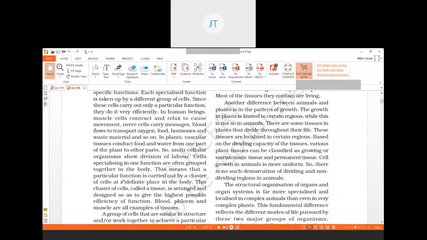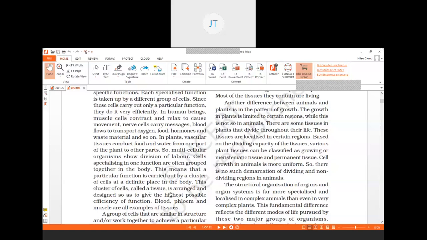This means that a particular function is carried out by a cluster of cells at a definite place in the body. This cluster of cells is called tissue and is arranged and designed so as to give the highest possible efficiency of function. They are designed as well as arranged in a particular manner so that they can give you the highest efficiency of the function they are performing.